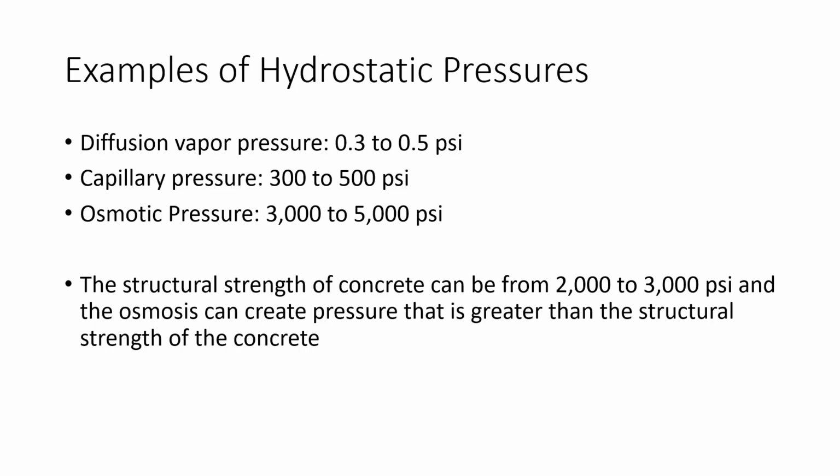You can see here the different examples of hydrostatic pressure. When we go down to osmotic pressure, you can see it's 3,000 to 5,000 psi. The structural strength of concrete can be 2,000 to 3,000, possibly 4,000, and the osmosis can create a pressure that's greater than the concrete.